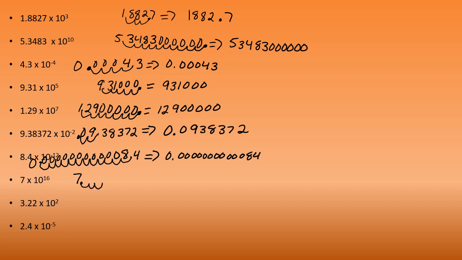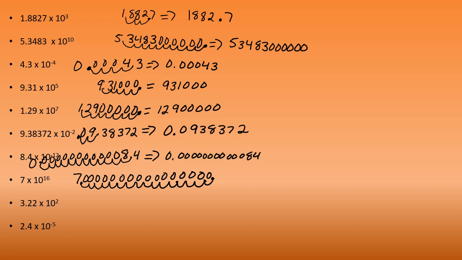So 16 zeros will follow our 7, making our whole answer that big number, 7 followed by 16 zeros.